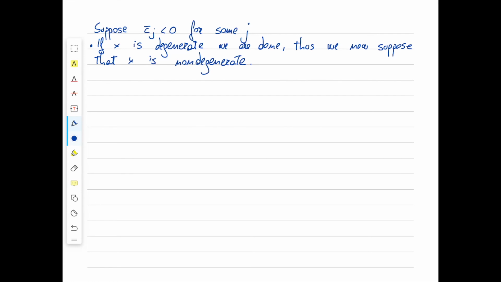Now we know that the reduced cost of basic variables is always 0. And since this reduced cost is strictly negative, so it's not 0, we argue that xj is non-basic.